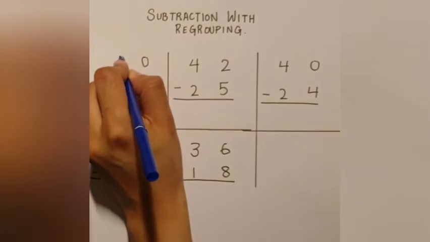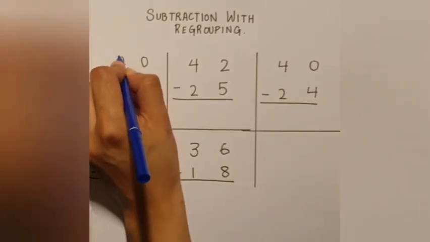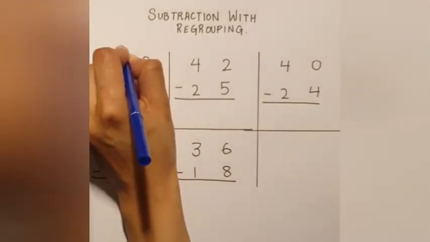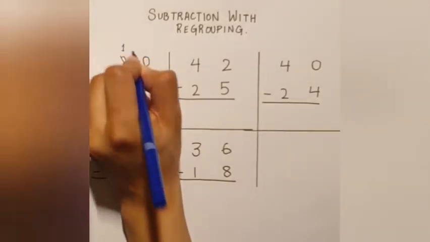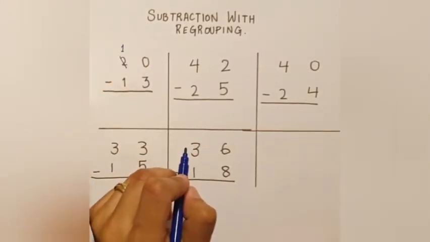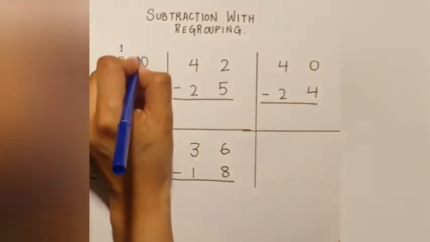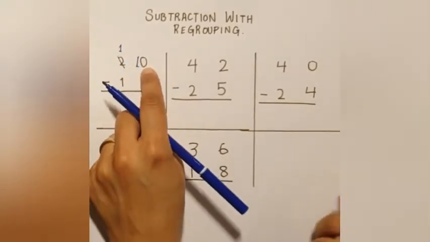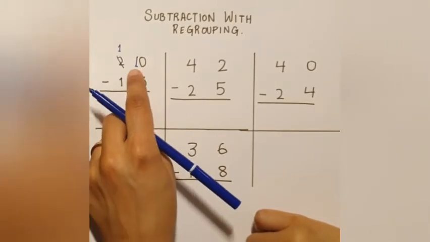Now I'm going to cross out the 2. The 2 now has become 1 because I took one of the 10s. And what about the other one that I took? I am going to place it beside the 0. So now the 0 has become 10.